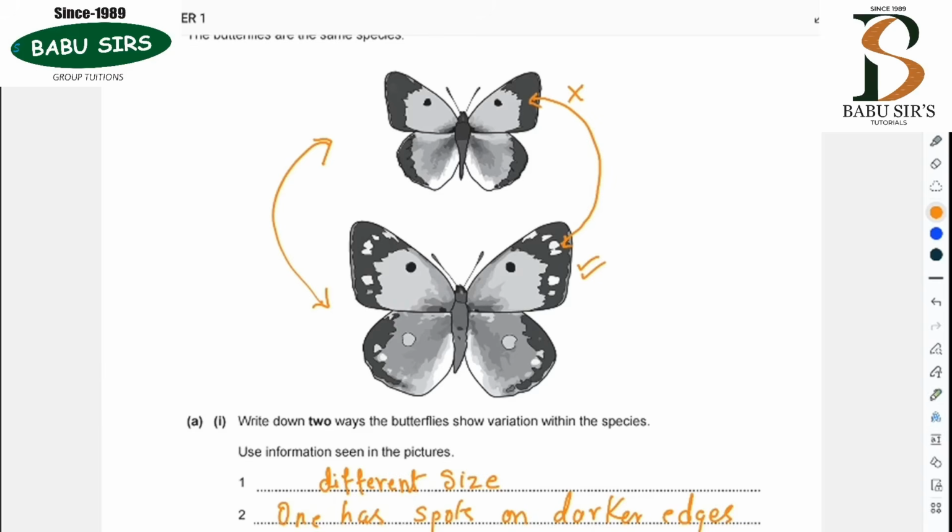Now, why is there variation? So variation is because of two factors. One is inherited from parents, that you can call genes. And one variation can be because of environmental factors.